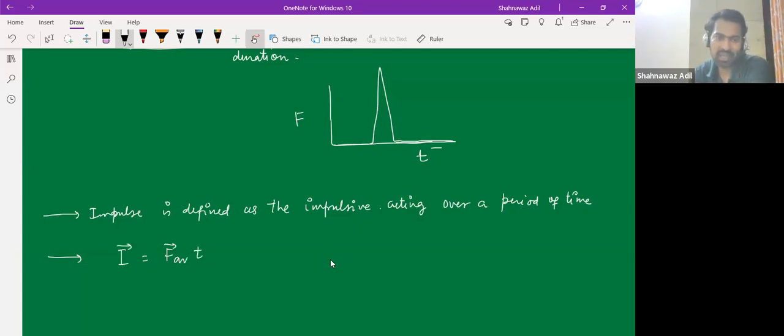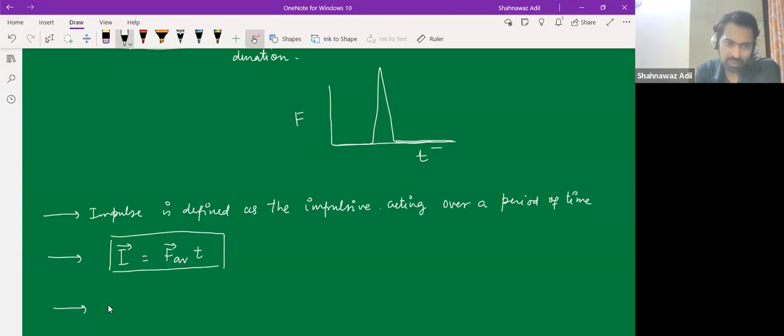Okay. And what would be the SI unit of this impulsive force? Can you guys tell me what would be the SI unit?